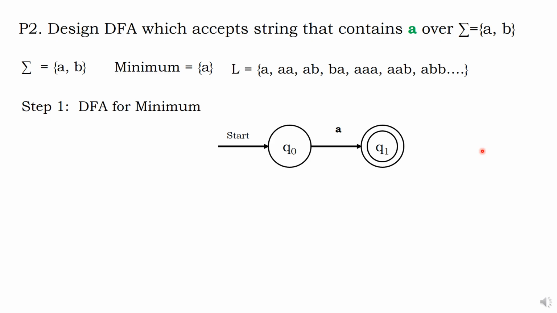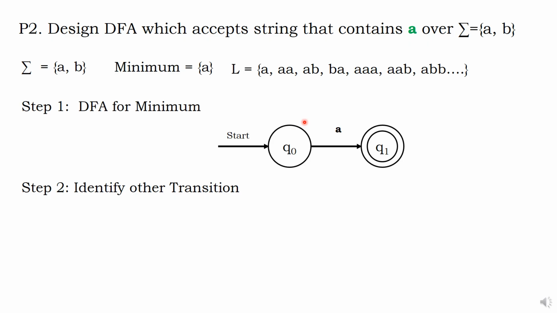What is your step 2? Identify the other transitions. What do I mean by other transitions? Carefully listen. For Q0, there are 2 alphabets, A as well as B. For Q1, there are also 2 alphabets, A as well as B. For Q0, A is available, but B is not there.